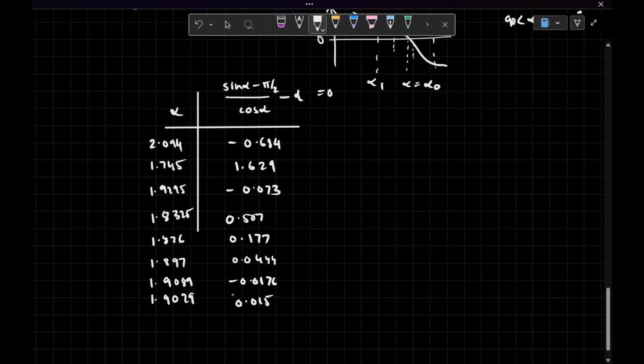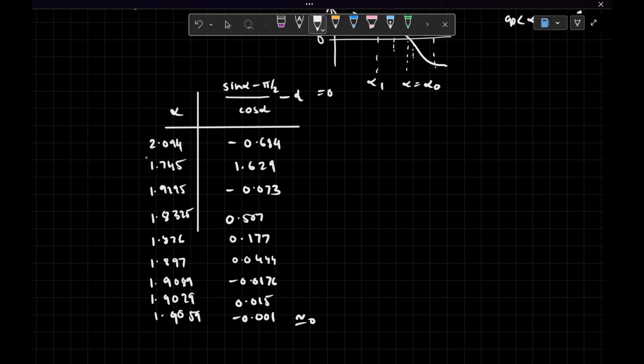Again the next point will be between these two points, 1.9059, and that is giving minus 0.001. This is almost 0.001, so you can consider it very close to 0. You can still continue, and it's up to you how accurate you want alpha to be, because you can see a trend here.